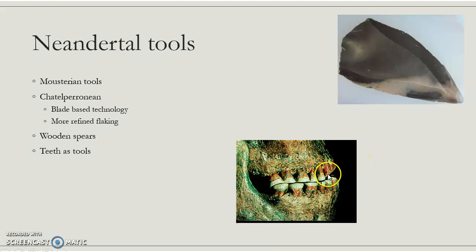We see these really extreme wear patterns, and that shows us how often they used their teeth as a fifth hand. This is something that we see more in Neanderthals than in a lot of other hominin. And that's my dog, so I'm going to pause this for a minute.